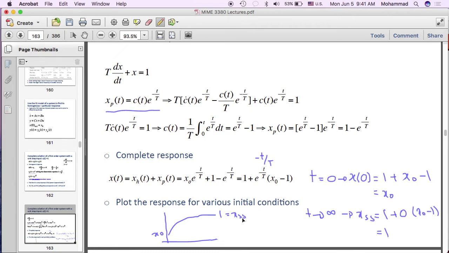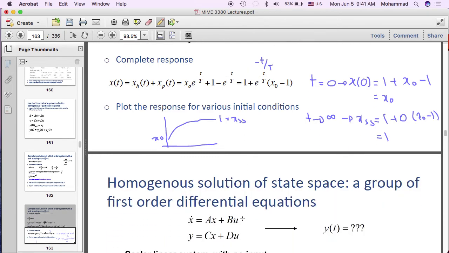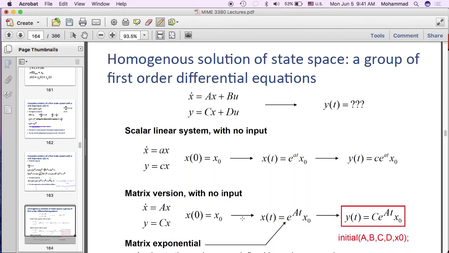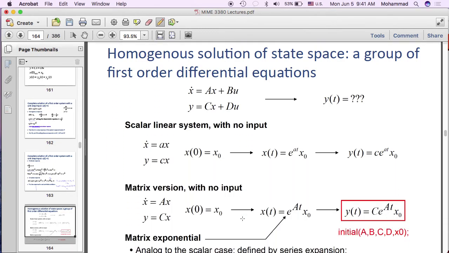And you can apply the same concept now to our state space model, because again, the similarities are there. A state space model is a collection of first order differential equations.